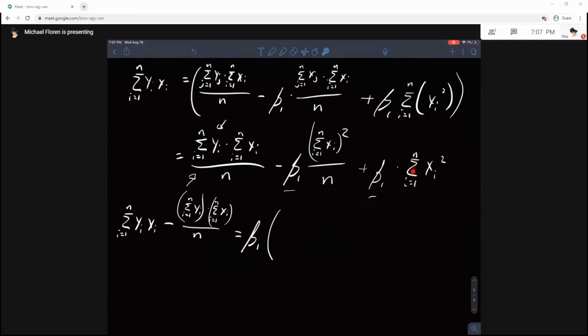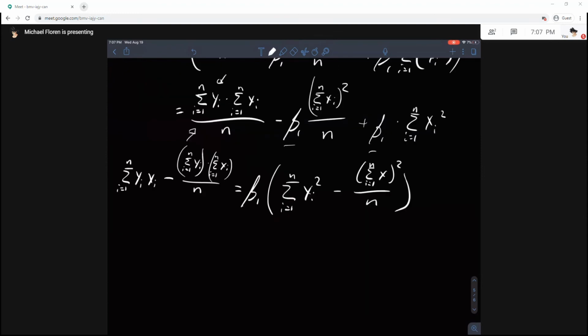So it'll be the sum of x squared, minus the sum of x quantity squared divided by n. Last but not least, to get beta by itself, we divide both sides.